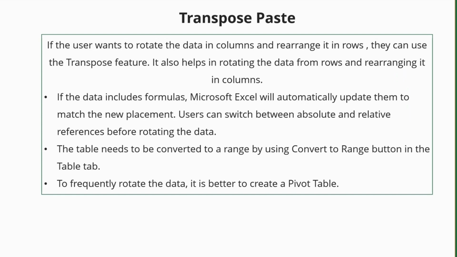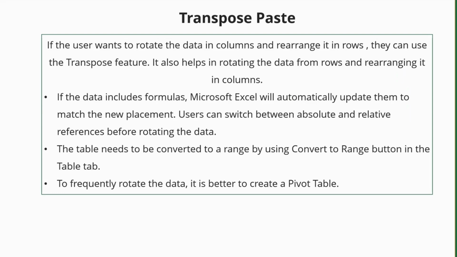The user can switch between absolute and relative references before rotating the data. Now, if you have any formulas added in the data itself, it will automatically update them to match the new placement. This is very important when you're working with large sets of data and you want that rotation to happen. You don't want the formulas to get affected because you've computed and received certain results, right?